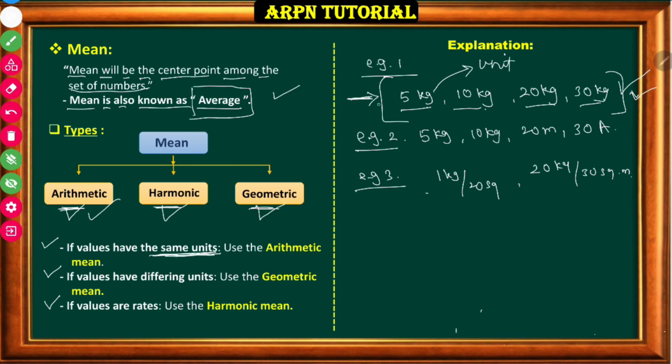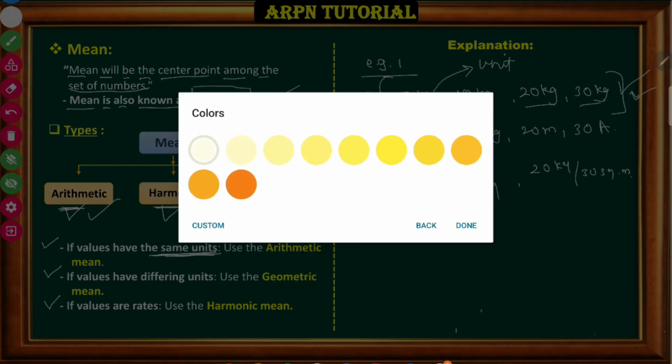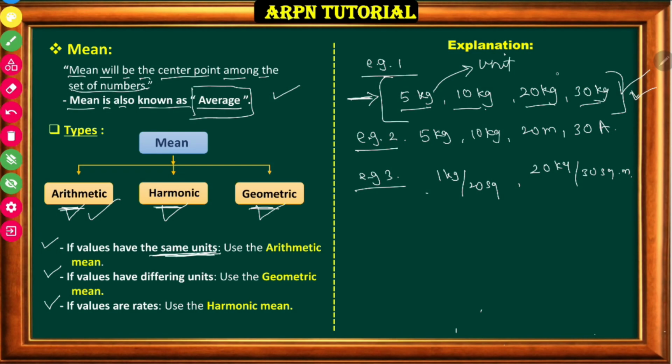In this kind of example you have to use arithmetic mean.